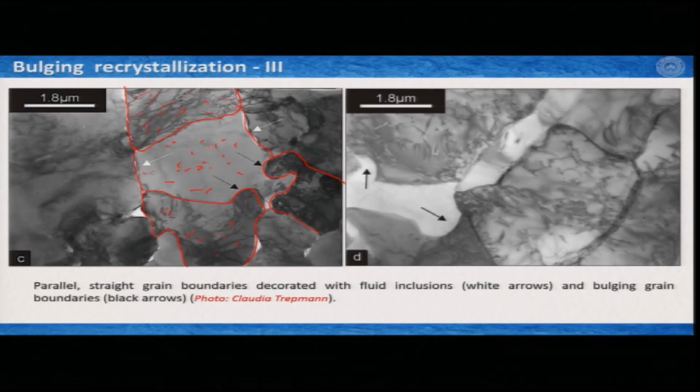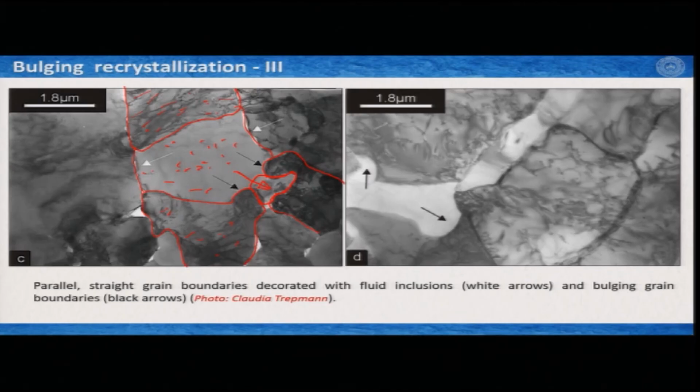So, you can see a grain with less dislocation density is surrounded by 3 grains with higher dislocation density, and interestingly some sort of bulging has happened here, where this grain with low dislocation density tried to bulge or invade into the grain where dislocation density is much higher.